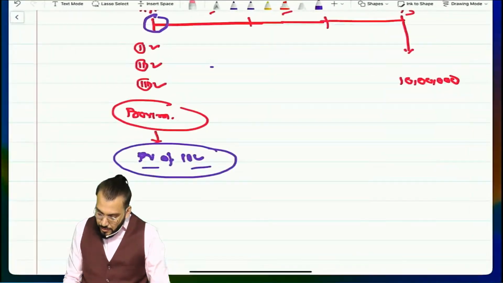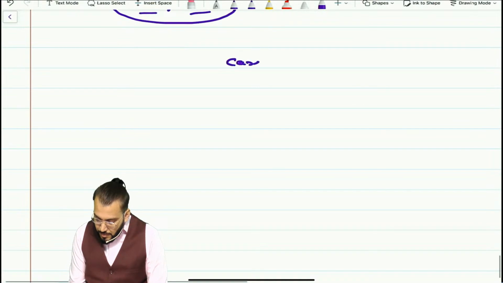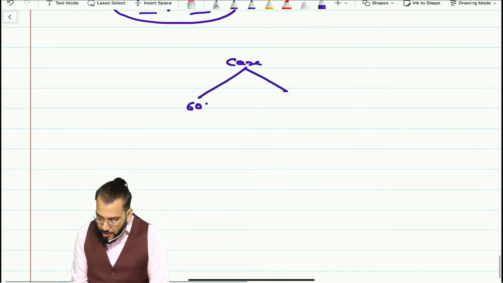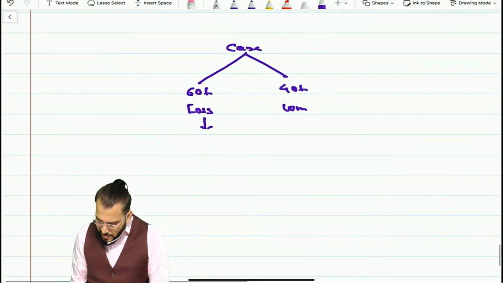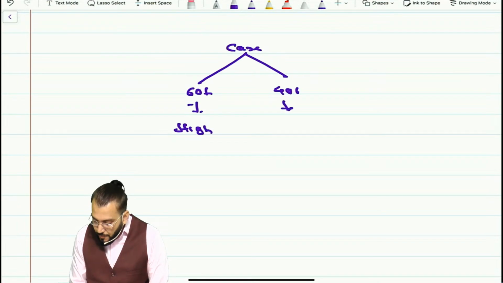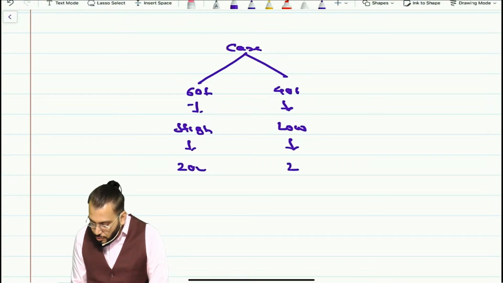One legal case is pending, and there are two possible outcomes. 60% against, means unfavorable, you lose, and 40% chances of win. 60% there is a chance of high damages, and 40% there is a chance of low damages. High damages is 20 lakh. Low damages is what? 2 lakh.